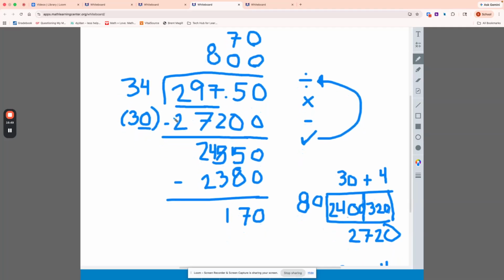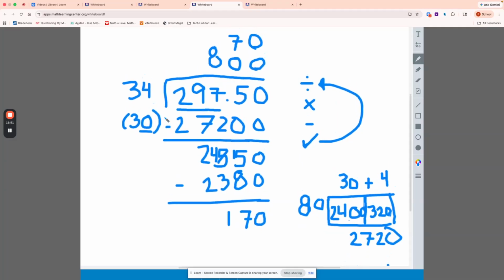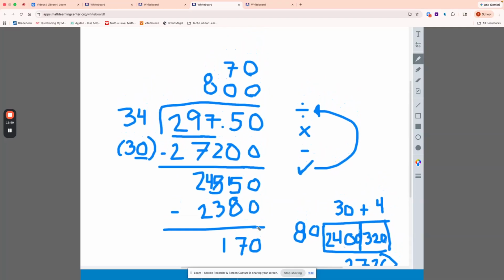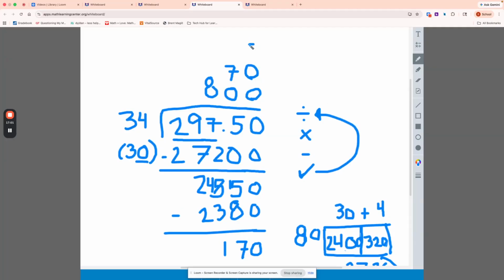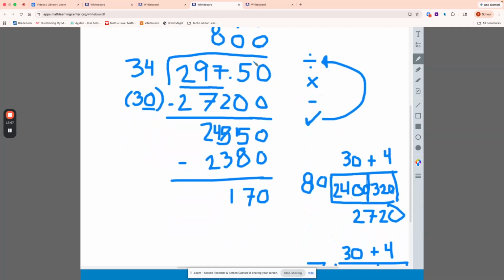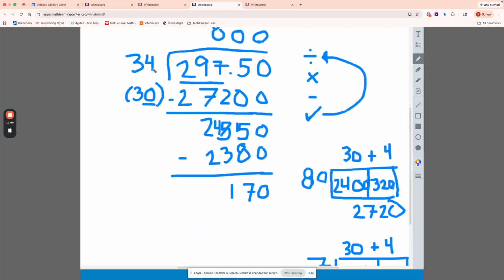So now we're going to divide up 170. What times 30 is close to 170? Remember what I said earlier at the beginning of this problem? Yes. How about 5? So put 5 up here, our answer, and our work is getting so long. Let's try 5. So 5 times 30 is 150. So what would 5 times 34 be?